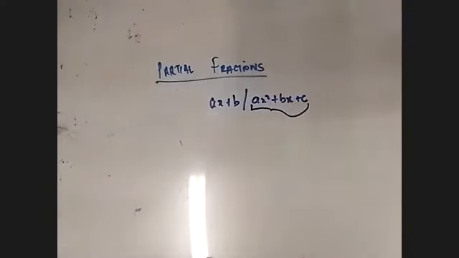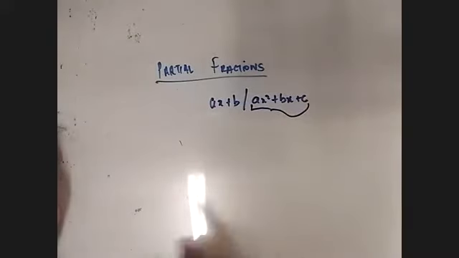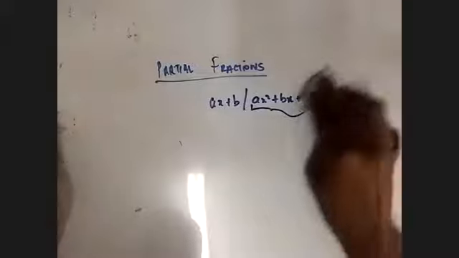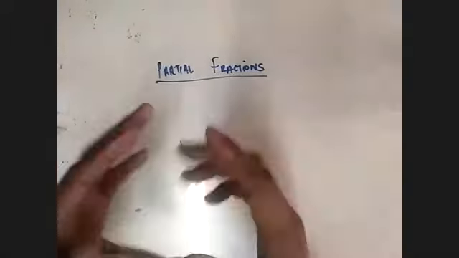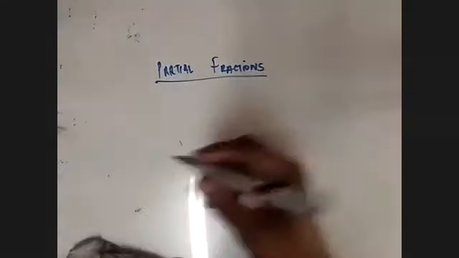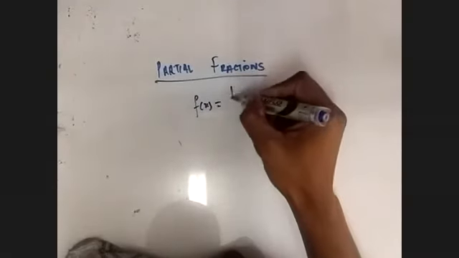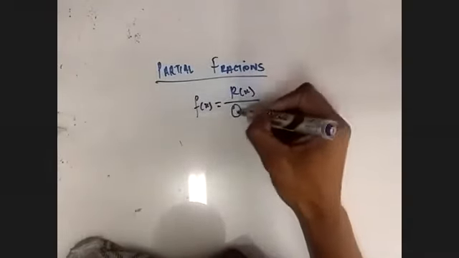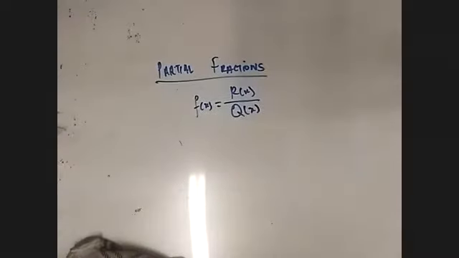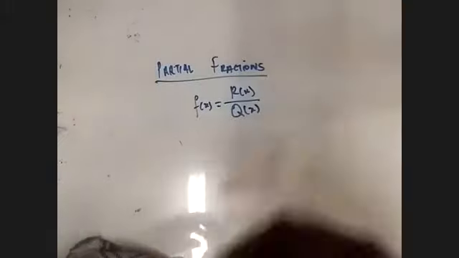Okay, so rule number 2 is the most important rule here. Rule number 1 is straight to the point, but with rule number 2, you need to be aware of something. For every rational function, let us say we've got a rational function f of x equals r of x over q of x, for instance, we are going to deal with the denominator and the numerator respectively.